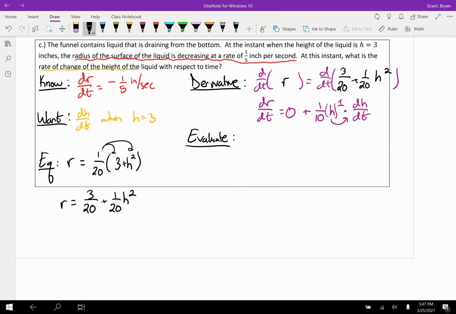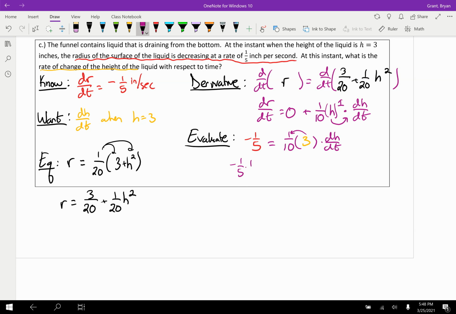All right, the last step is to evaluate the derivative with the values given to us in the problem. And so we know dr/dt is negative 1/5. Okay, 1/10. We know h is 3 in this case, and we are trying to find dh/dt. All right, easiest way to do it, think of this as 3/10. To get rid of the 3/10, multiply by 10/3.